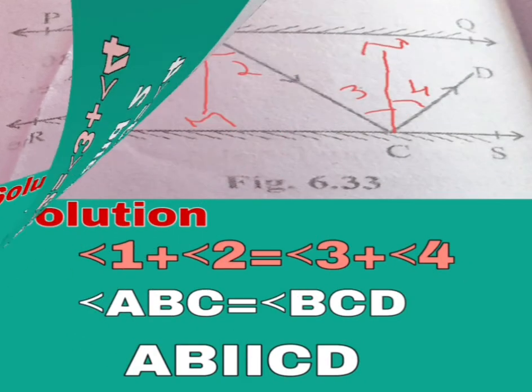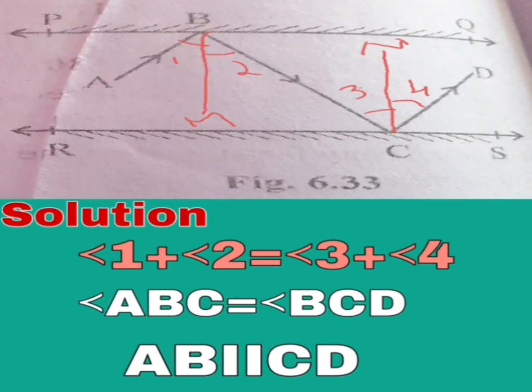If we consider 1 plus 2, that 1 plus 2 is our angle ABC, isn't it? Whole angle ABC, and 3 plus 4 is our angle BCD like this, right? Okay, so those two angles will become equal. Okay, so when these two angles become equal, between these two angles like this you have a line, right?